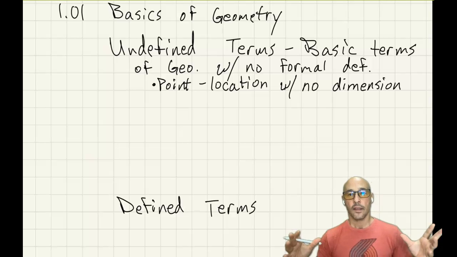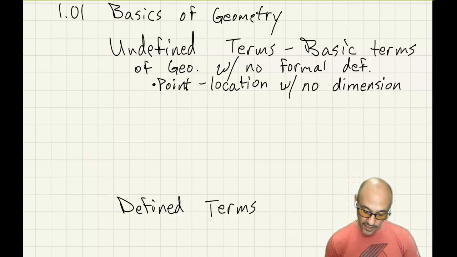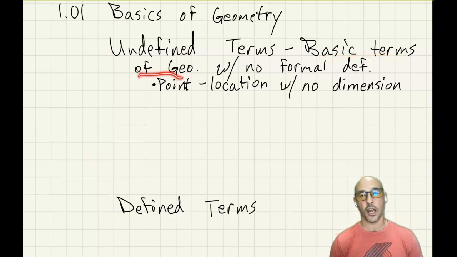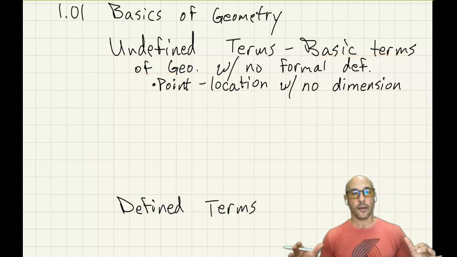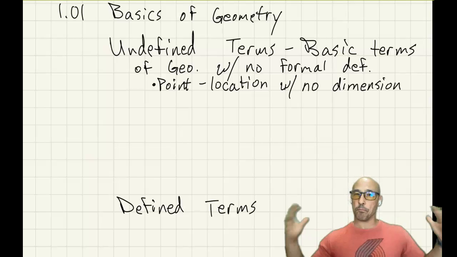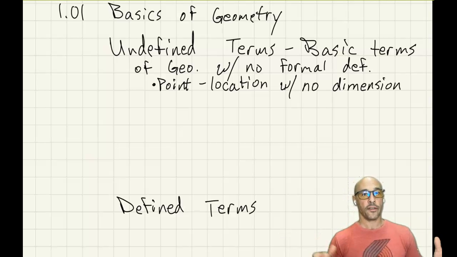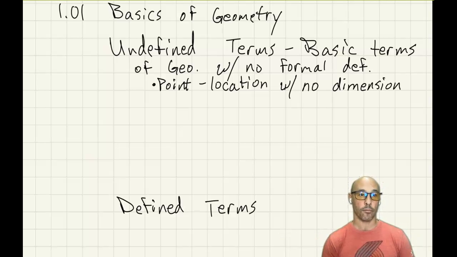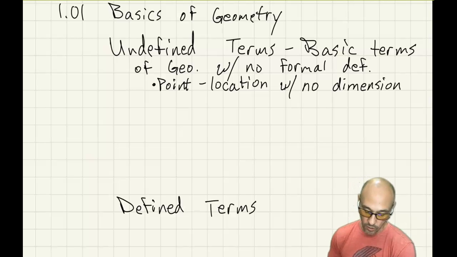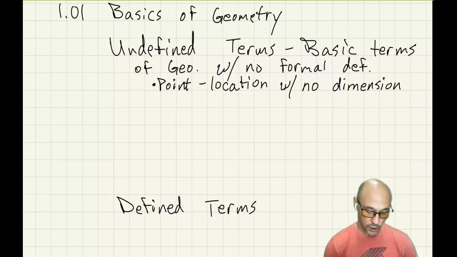Dimension is size. The other thing I should point out is that it says basic terms of geometry. The way I think about that is they're like building blocks. We're going to build geometry out of these three basic terms. They're like the foundation of geometry. So point is the first one, and it is a location with no dimension.